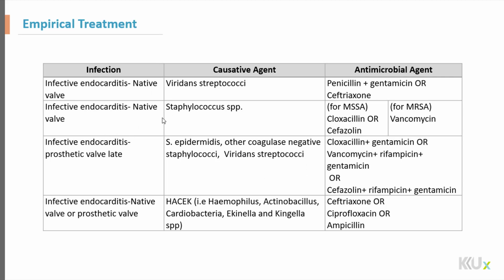Same thing when we have native valve, but this time we have staphylococcal species. And this is very common in patients who are IV drug users, because as you can remember from the normal flora picture that I showed you before in the first section of this module, we saw that the most common normal flora is staphylococcal in the skin, and people who are injecting themselves might inject this type of bacteria, which might eventually seed in the heart valve.